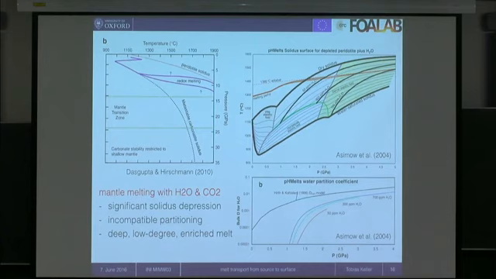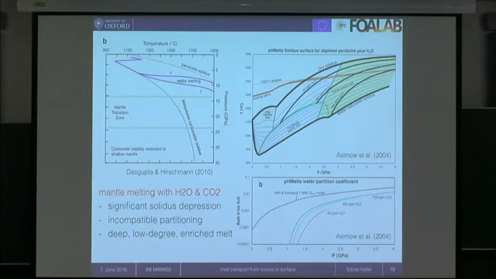And for us, the petrological system we're interested in here is mantle melting with water and CO2, and I've just given you a selection of some of the outputs from both theory and experiments of how we imagine the melt systematics for water and carbon in the mantle to be. One of the things you can see, for example, here, this is a pressure-temperature diagram.